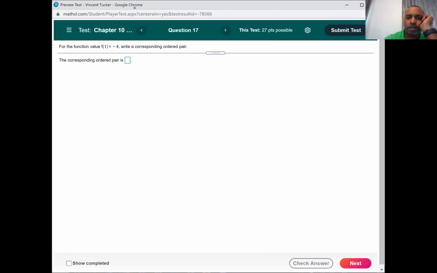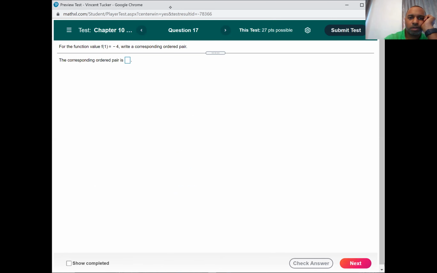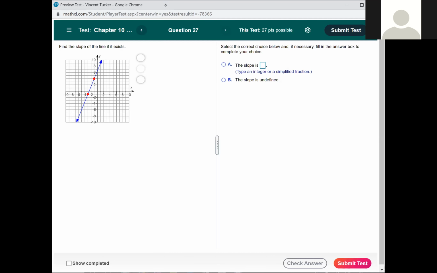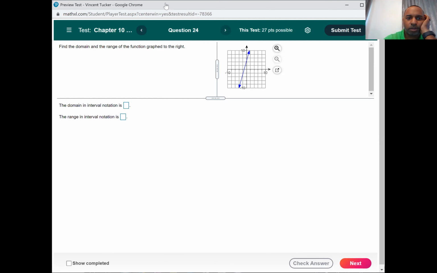You said number 17? Is that it right there? It's asking me to find the domain and range of the function graphed to the right. Let me know when you see it. I'm just going backwards. Is it this one? Yes, the graph is a little different though.